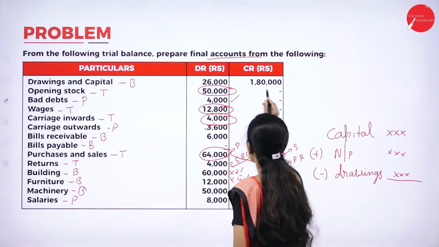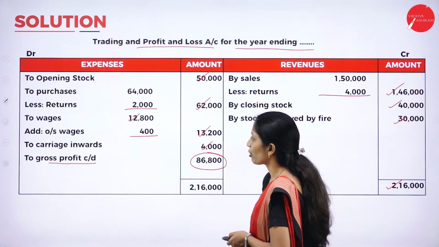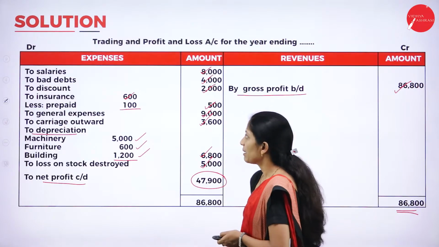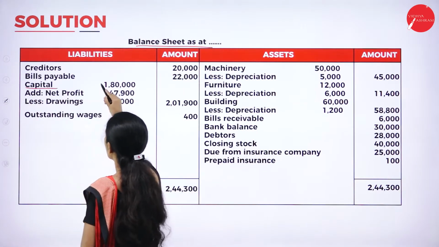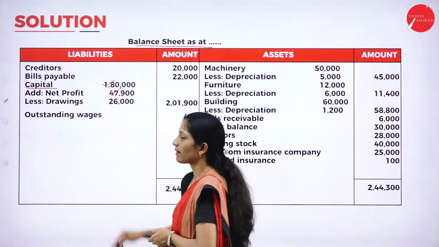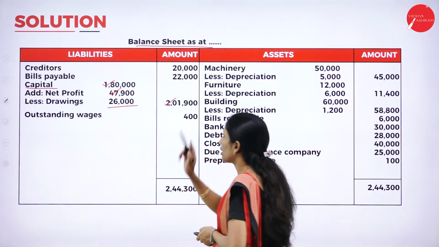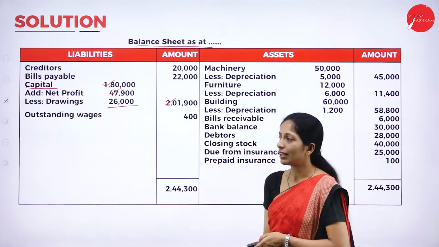So capital we shall take as 1,80,000, add net profit. What is the net profit? Net profit is 47,900, minus drawings. So capital 1,80,000, add net profit 47,900, minus drawings 26,000. In the outer column it is 2,01,900. So we are done with the capital.